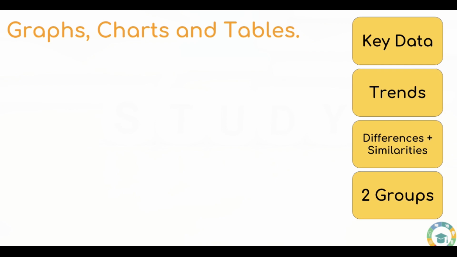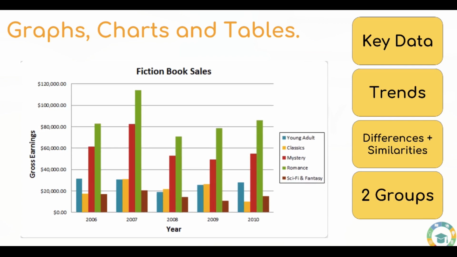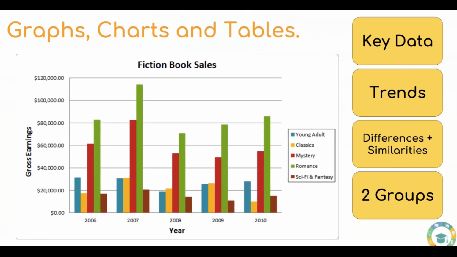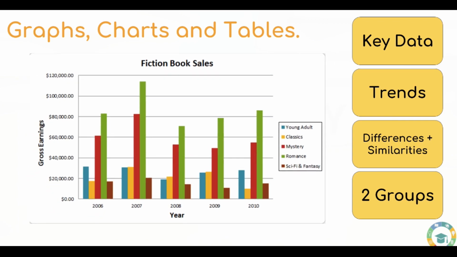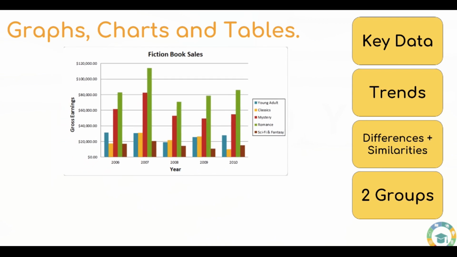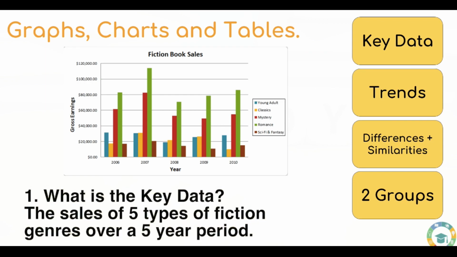Using our 4 key questions, we'll look at previous IELTS Writing Task 1 visual information and analyse the data and select key information which we could describe. Beginning with this bar graph, what is the key data shown? You may remember I suggested thinking about titles, X and Y axes or keys, and this bar graph has all 4.